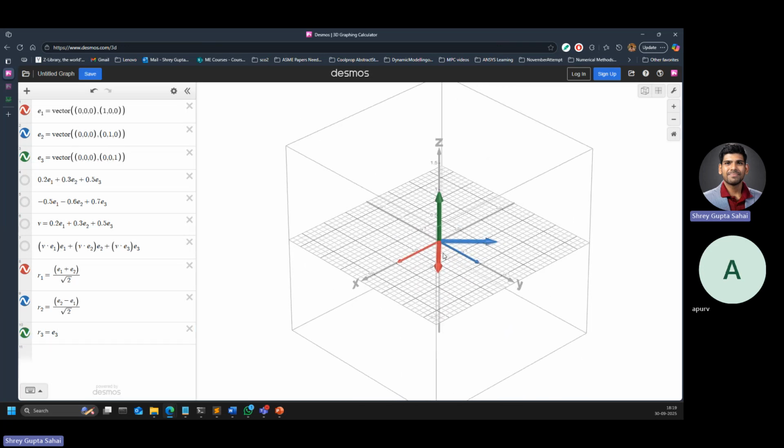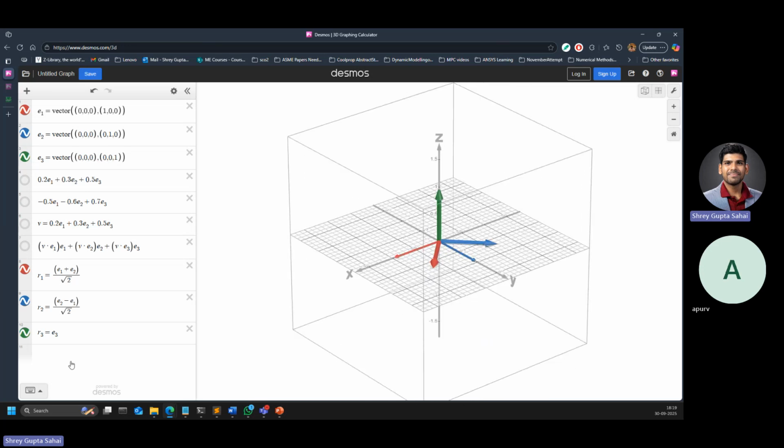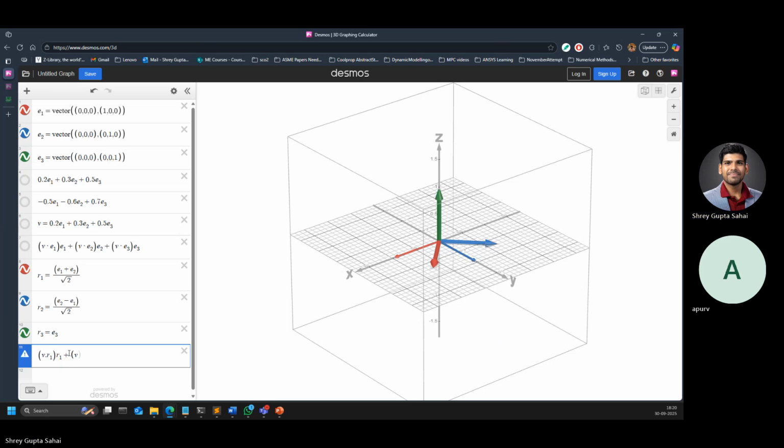Okay. So now let's try to see how this tensor will look. So V dot R1 plus V dot R2, and then V dot R3.